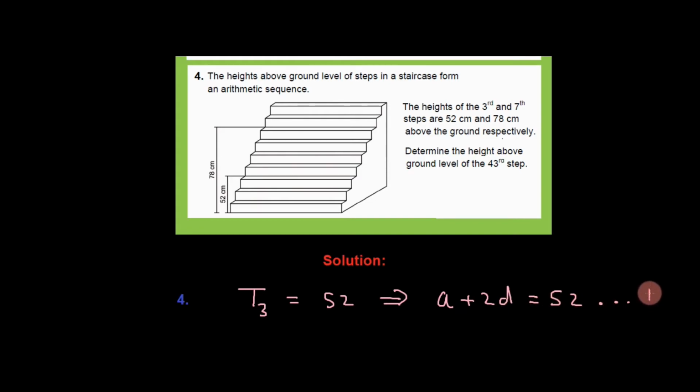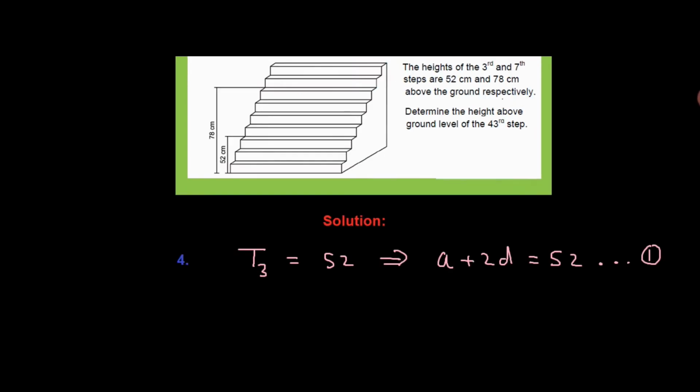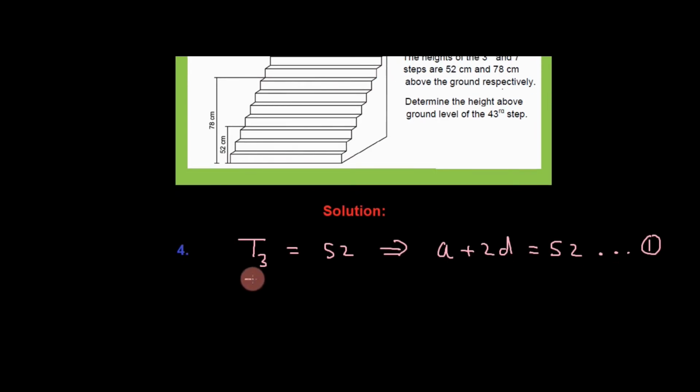We can call this equation 1. Then t7, the height of the 7th step, is 78. And once again, writing the equation in terms of a and d, a plus 6d is 78. We can call this equation 2.